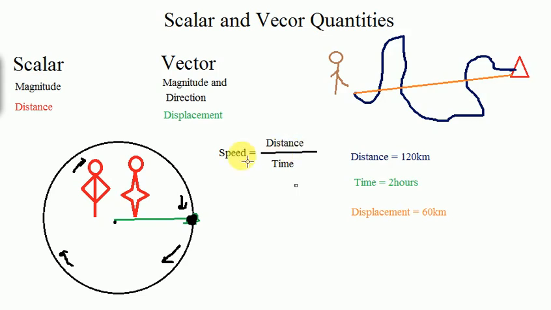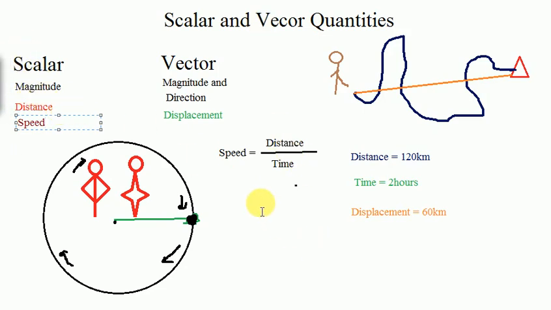So what will the speed be? Speed is also a scalar quantity because distance is a scalar quantity. So we will write it here that speed is also a scalar quantity.